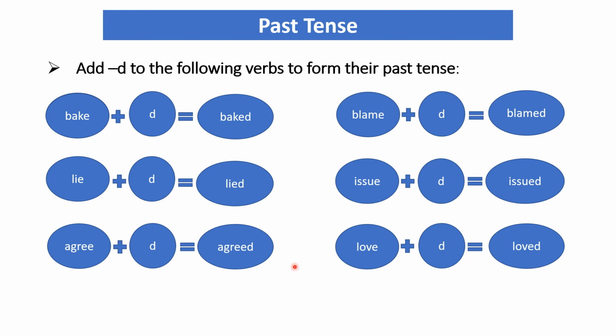As you can see, all these verbs end with an E, so there is no need to add another E, but we only add the letter D to form a past tense.